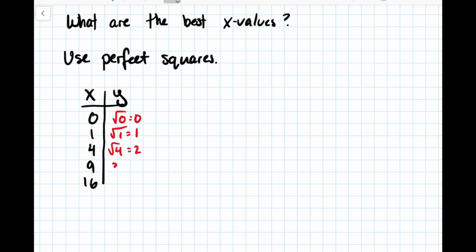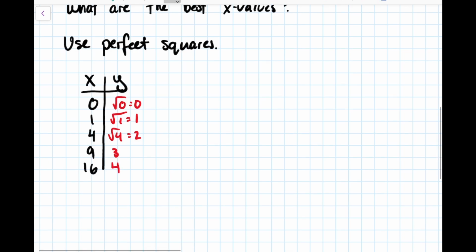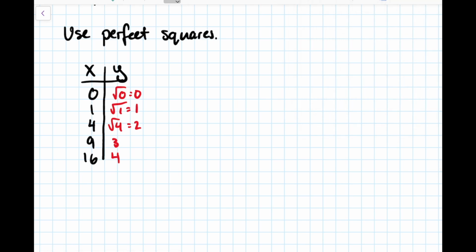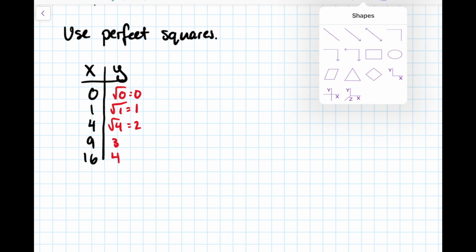The square root of 9 is 3, the square root of 16 is 4, and so we got all nice values. So let's draw ourselves a graph. You'll notice that we don't have any negatives here, so instead of doing a full graph with all 4 quadrants, we're just going to do a graph that looks like this, just the L shape, and we're going to go up to 10 in each direction, just to fit some nice points on our graph.